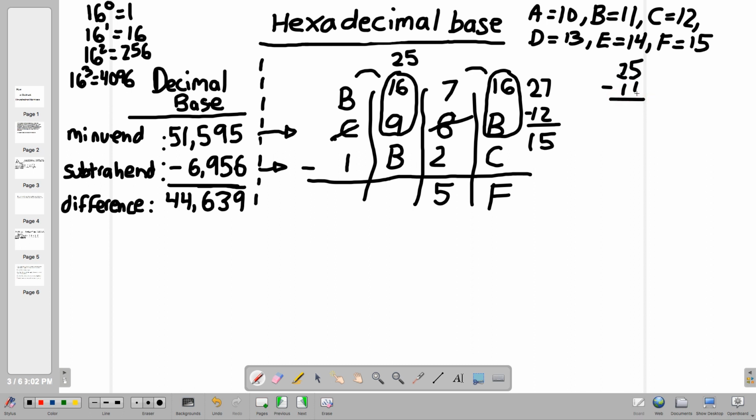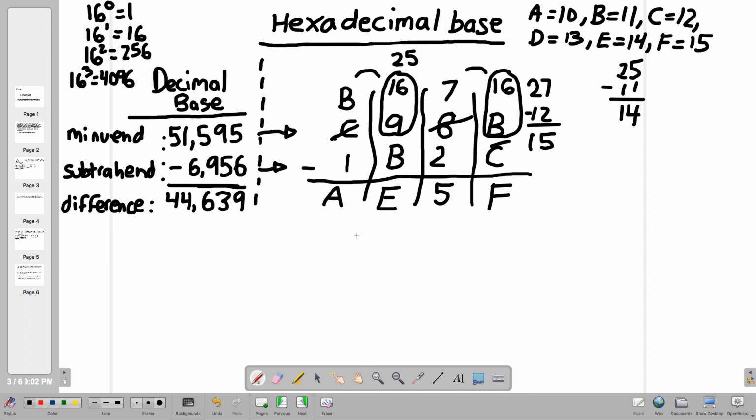That gives us a value of 14. And we say 14 is represented with the letter E. So E goes in this column. Now let's subtract at the next significant column. So we have B subtract 1, and we get the letter A. And this is our value.